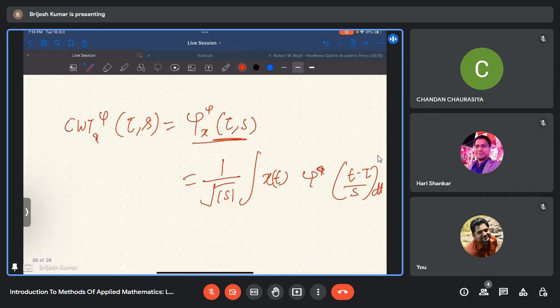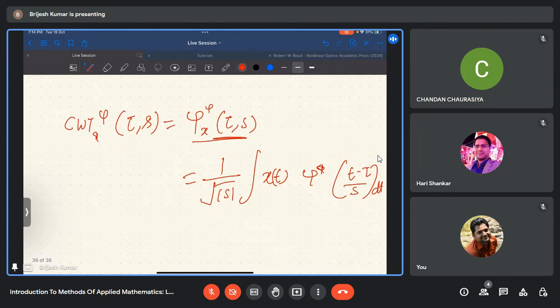In this equation, the transformed signal is a function of two variables, tau and s, the translation and the scale parameters.